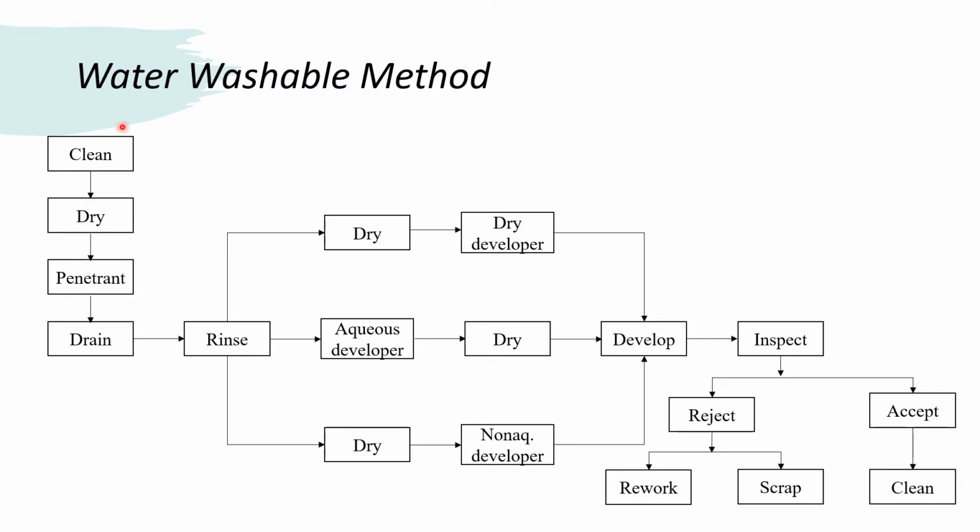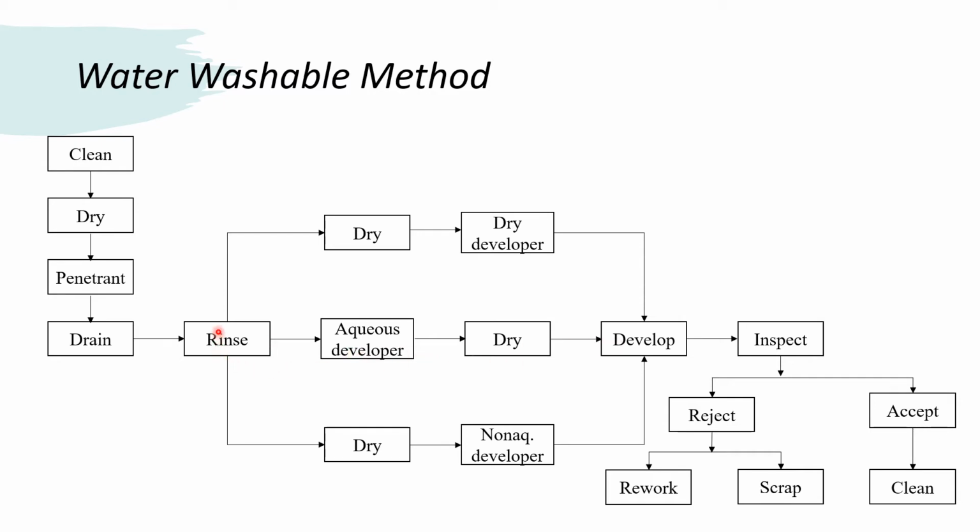The first step is clean, then dry, then apply the penetrant, then drain and rinse. From rinse, there are three ways. One is the direct aqueous: after the rinse, apply the aqueous developer, then dry, and then develop.